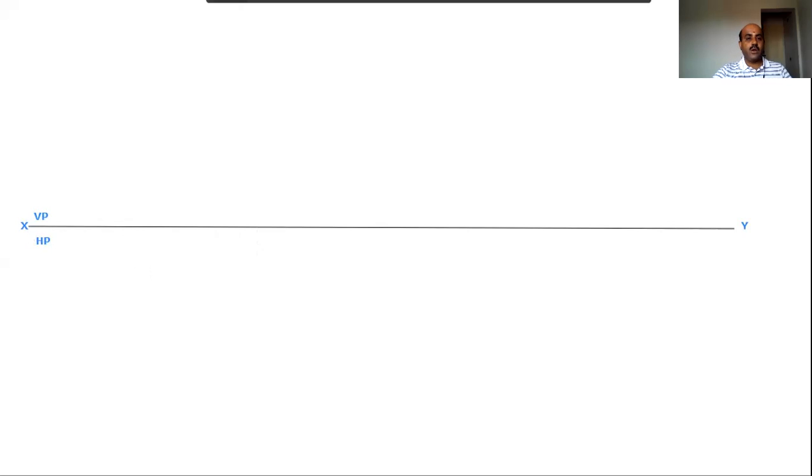Okay. So now, first we have to show that the lamina is resting on HP on one of its corners. So construct a pentagon of 25 millimeter side.